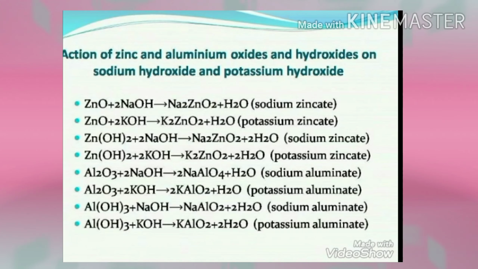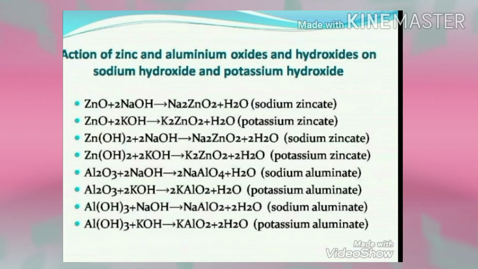Like that also, when zinc hydroxide, Zn(OH)2, reacts with the alkali sodium hydroxide, it produces the salt and water, Na2ZnO2, that is sodium zincate, plus water. Here you should always write the balanced chemical equation.